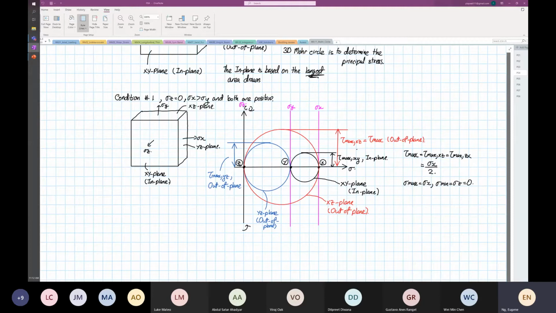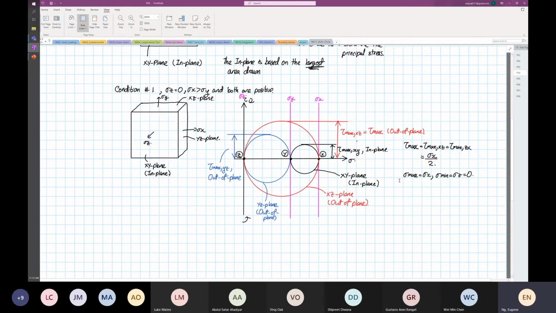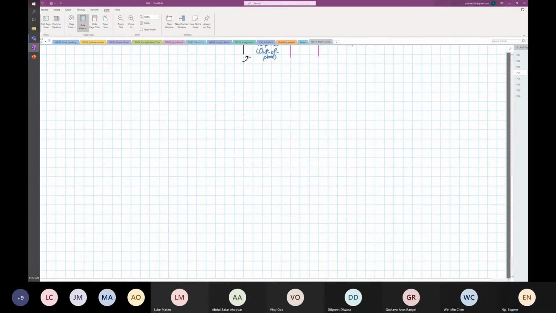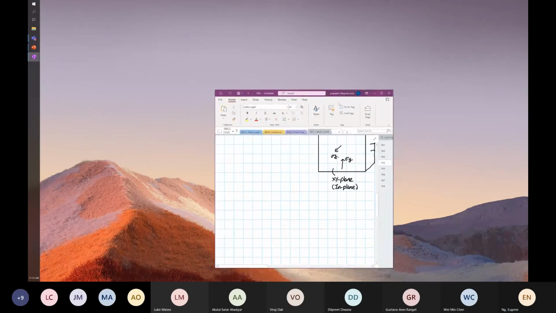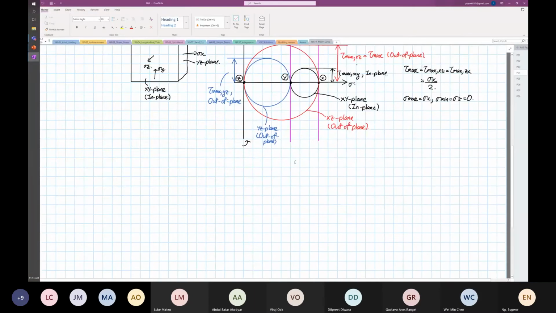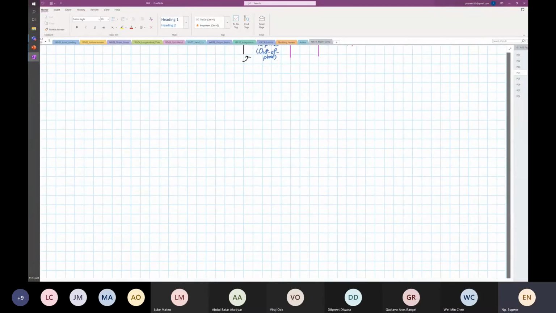Okay, so now let's look at condition number 2 now. Okay, let's look at condition number 2. I'll bring this down. Okay. Sorry, you'll be coming back. My bad. Okay. So next, we are going to look at condition number 2. Okay, so condition number 2.